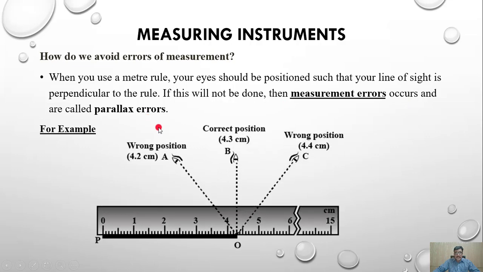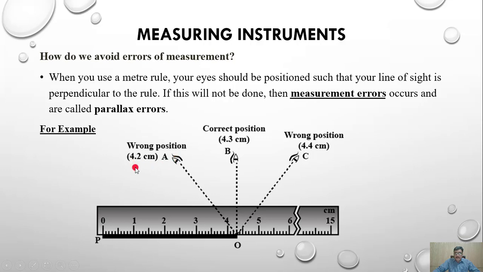For example, if you are measuring the length of this bold line from 0, it is 4.3 centimeter. If you view the scale from here, then the position is correct. If you are not reading from point B, and you are reading from position A, that is the wrong position.